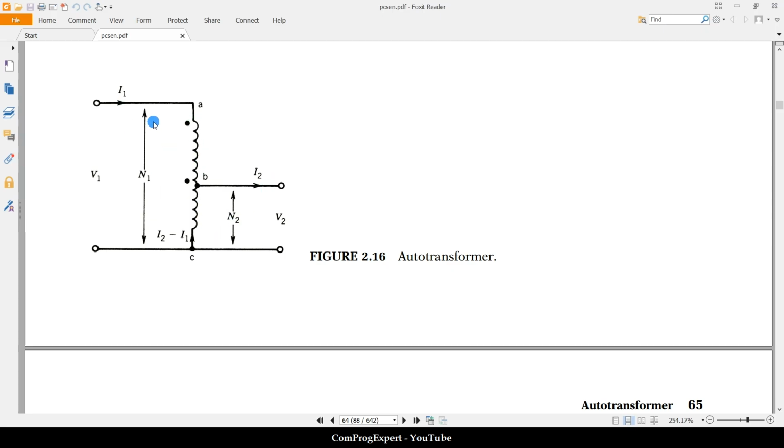In this case, we have this total number of turns, and N1 is the number of turns between the two terminals of the input, and N2 is the number of turns between these two terminals, the output terminals.